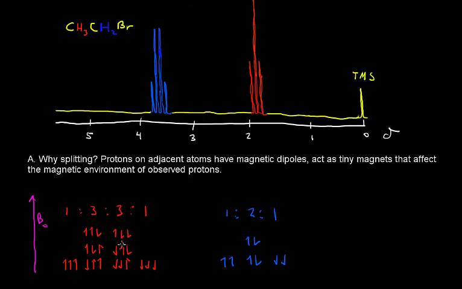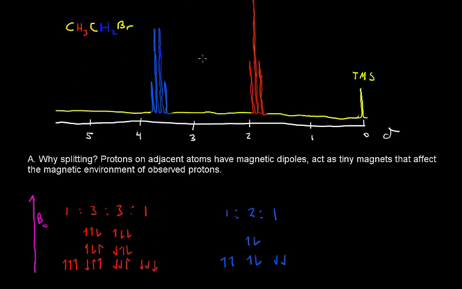Since there are three possible orientations for these, where some of the protons are aligned with and some aligned against the field, these central resonances of the quartet are more intense than the ones on the side, because there are fewer possibilities for the alignments where all of the protons are aligned the same way. And so for these two protons, because the protons on the adjacent carbon can have all of these different spin arrangements, these two protons are affected by the different spin arrangements on this methyl group in this manner.